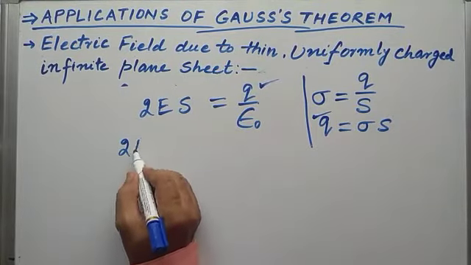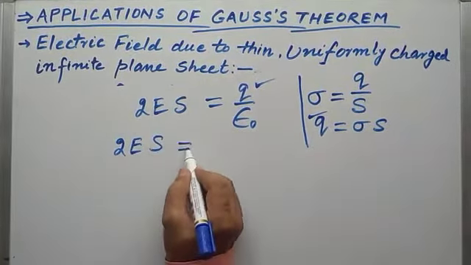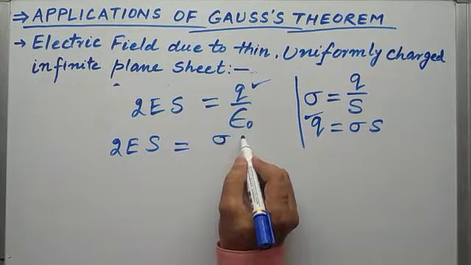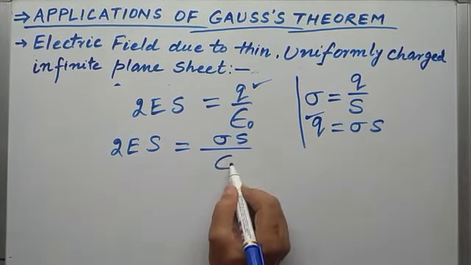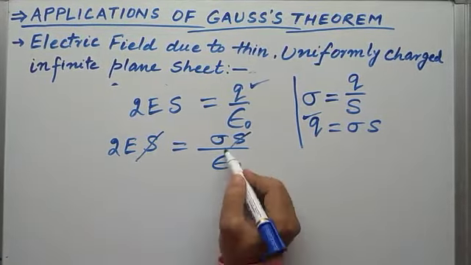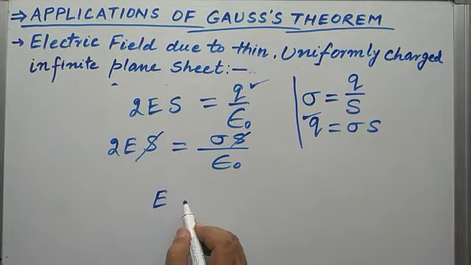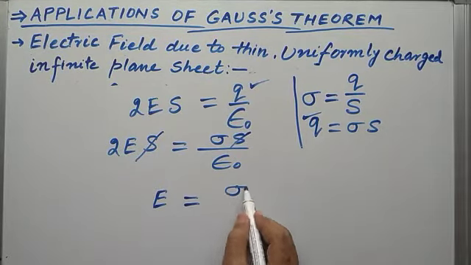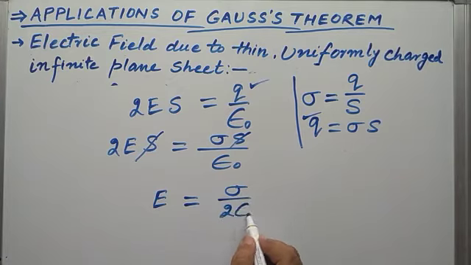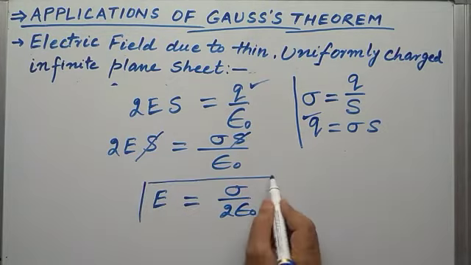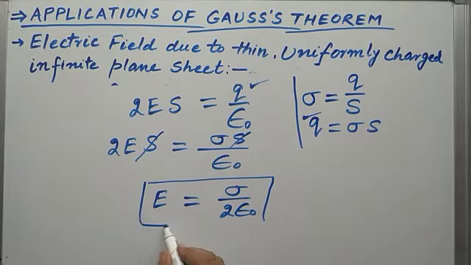So we may write 2E into S equal to sigma into S divided by epsilon naught. By simple calculation, we get E equal to sigma by 2 epsilon naught. This is the expression for the electric field due to a thin, uniformly charged, non-conducting infinite plane sheet.